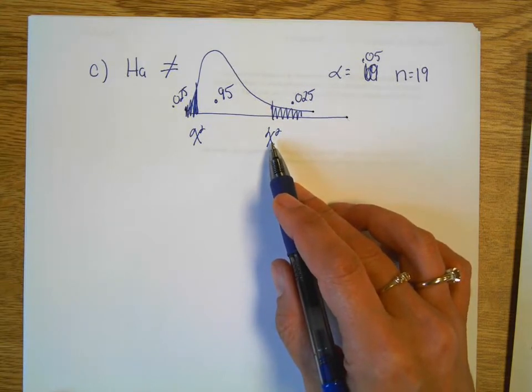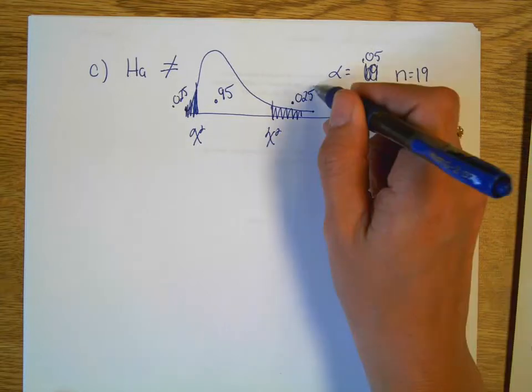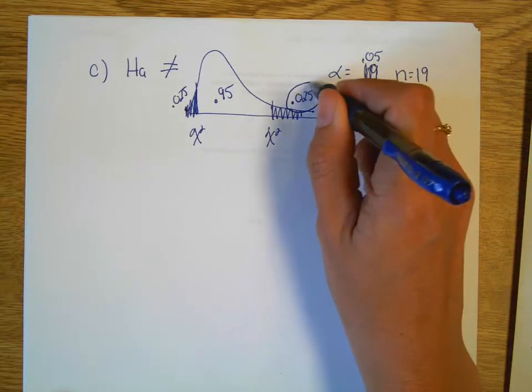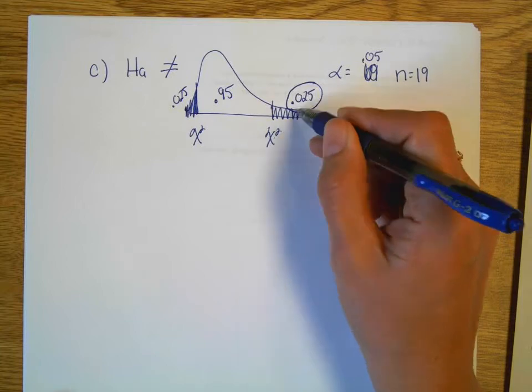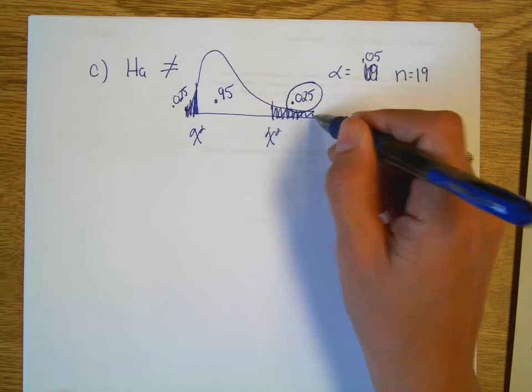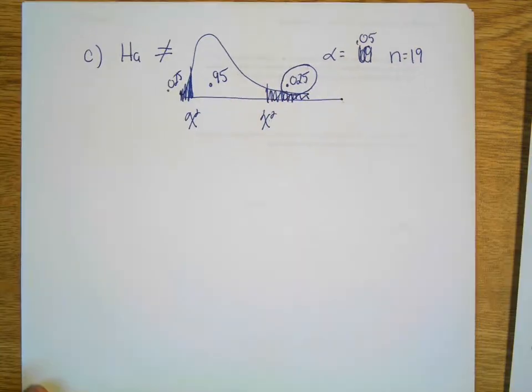This one is just the 0.025 because that's the total to the right. And then the next one I'm going to do what you were doing. So 18 degrees of freedom. And then over to the 0.025, what are you coming up with?